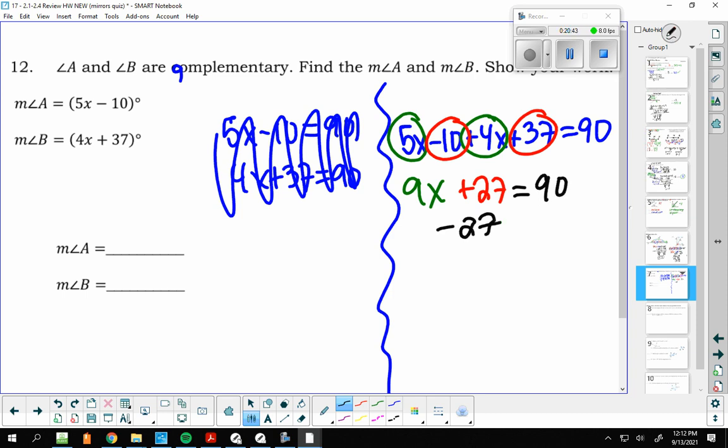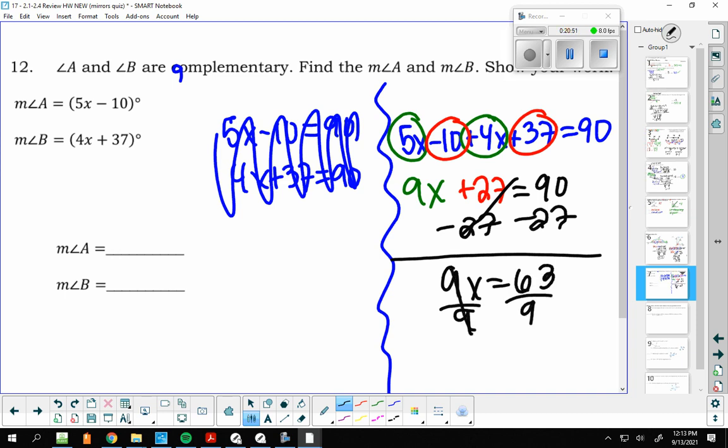Subtract the 27 over. That's 9x equals 63. 63 divided by 9 is 7. And then 180 minus 90 is 153, and 153 divided by 9 is 7. Yeah, that's weird.